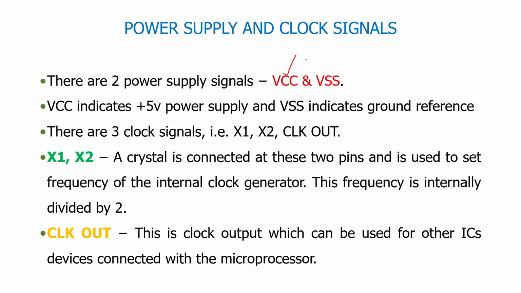VCC is plus 5 volts, VSS is ground. And the clock signals, X1 and X2. Here we will connect a crystal oscillator, and the clock out is used for synchronizing input output devices or ICs connected with the microprocessor. This is about power supply and clock signals.